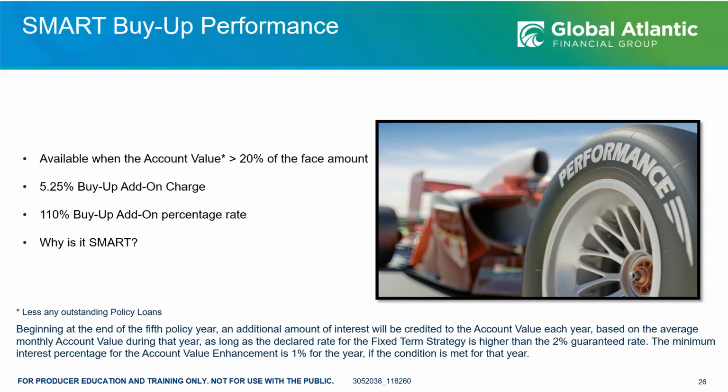So that net account value is going down. And if that net account value drops below 20% of the face amount, we shut off the charge, and you don't get the buy-up add-on percentage anymore either, but we're not continuing to take that asset-based charge, which could increase the risk of lapse on the policy because of those additional charges.